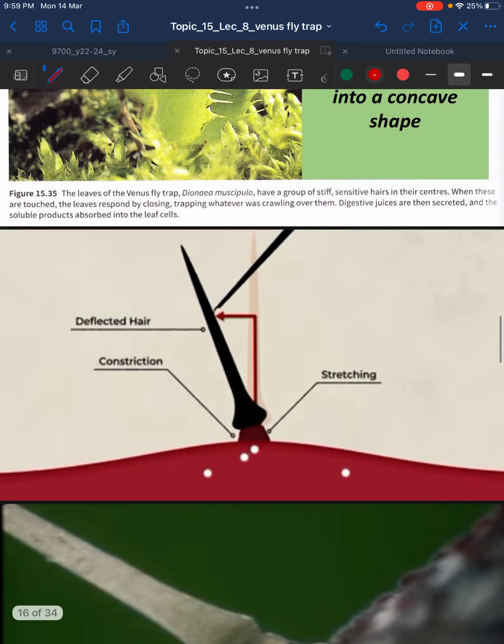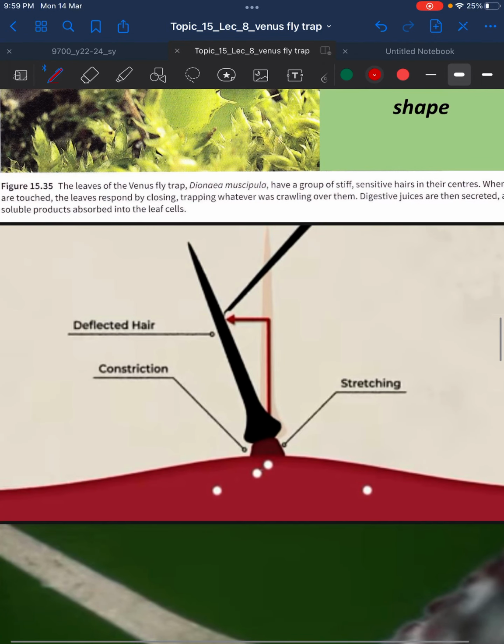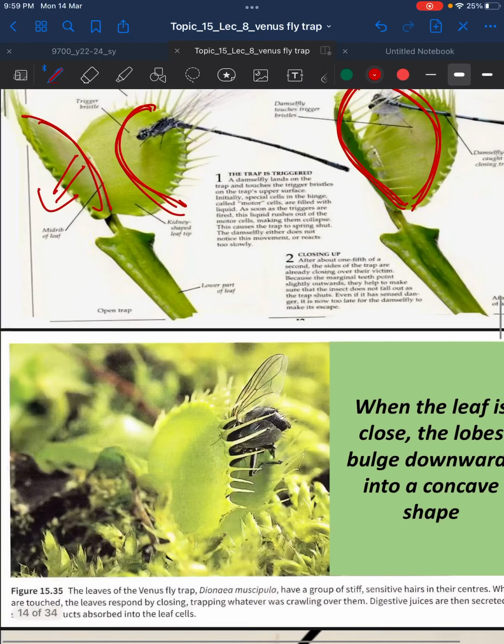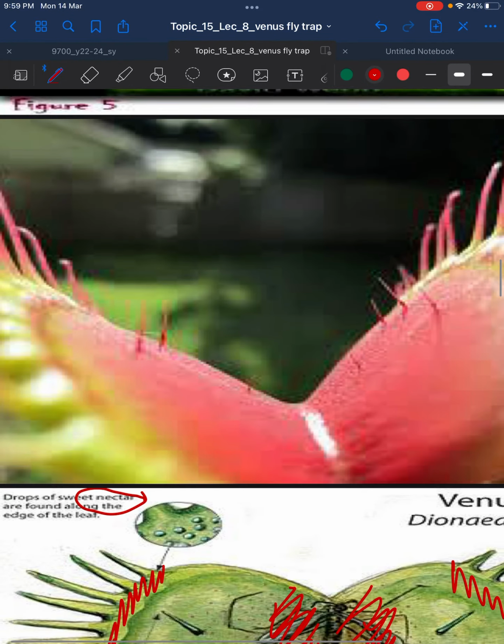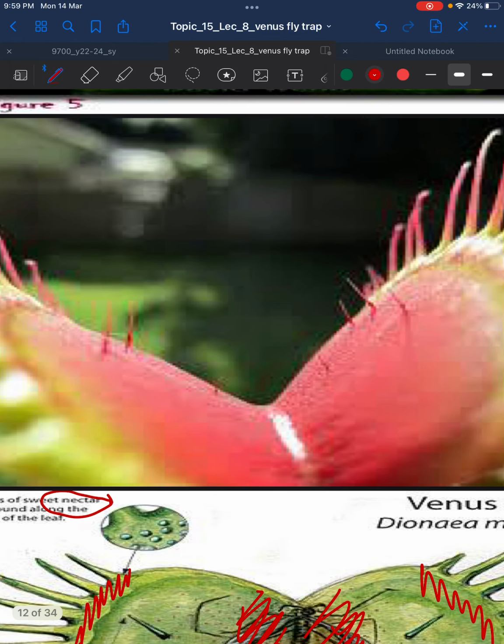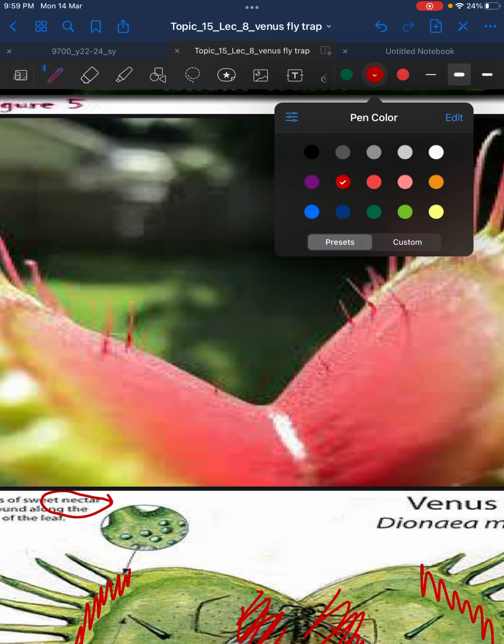Now this is very important in the next few slides. When this hair is deflected, it will be the first hair and then the second hair. Let me explain this again. If you watch the video, that's very good.